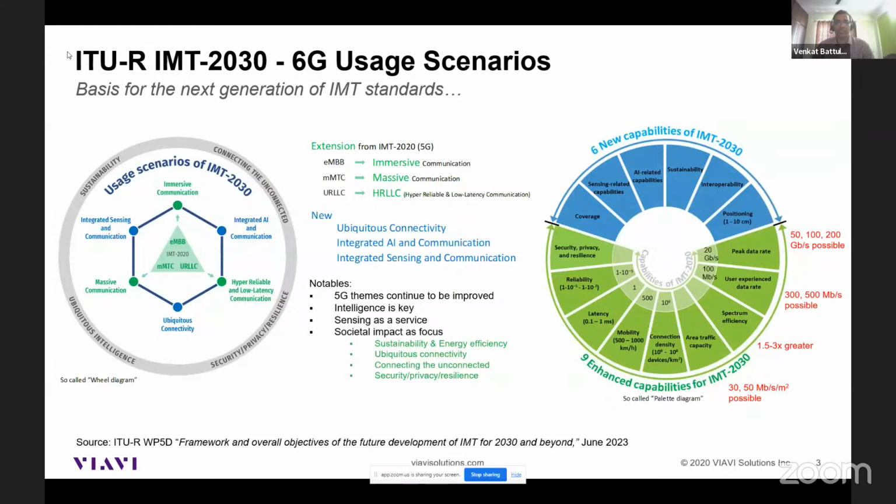Okay, so this is the real stuff, coming in the next few years. Okay, so we are all communication engineers. So what actually are the communication challenges, extension from 5G? So eMBB.